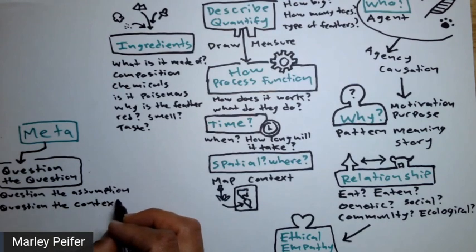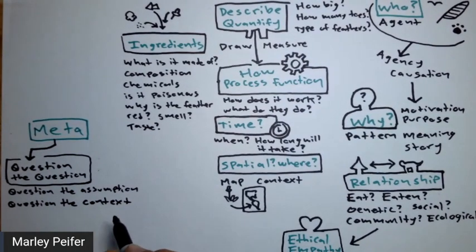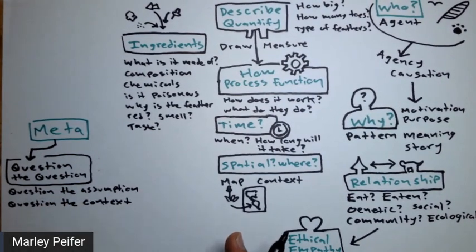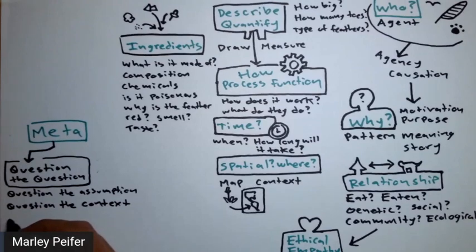Sometimes the context that we're observing nature in might be misleading. So just being aware of what else is going around. The next one, and this is related to questioning the context, is perspective.